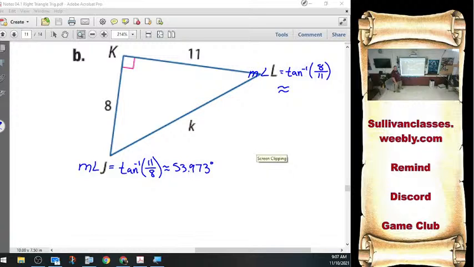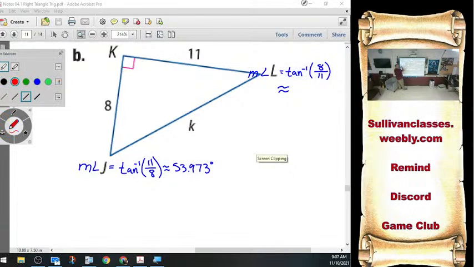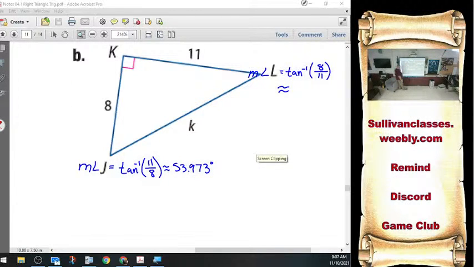Just like I don't make you do everything by hand. I let you use a calculator. Could I now, if I know what that angle is, say that from this angle, maybe use 8 and k? Say the cosine of 53 and change is 8 over k. So k is approximately, because this is rounded off.